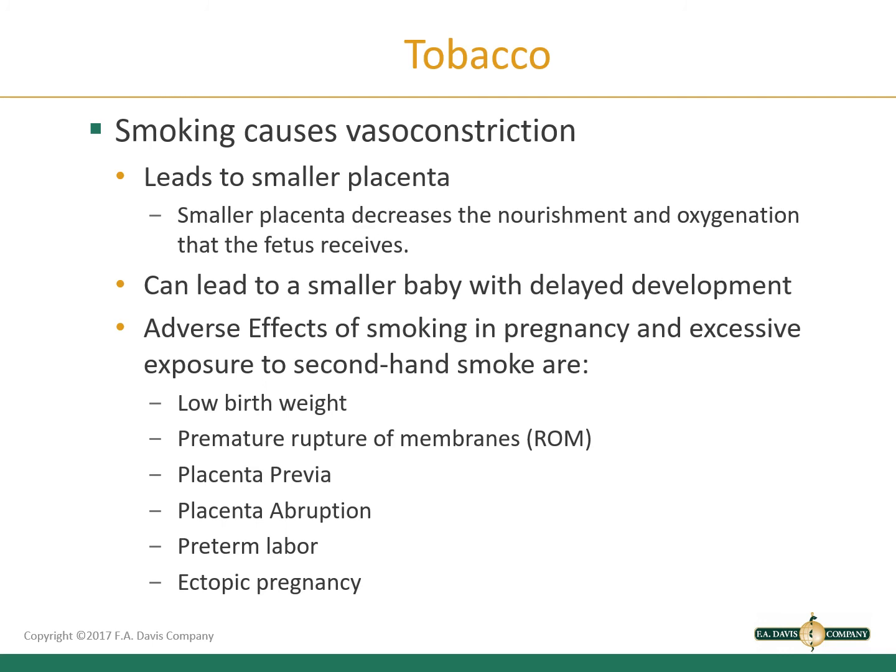So mothers who smoke are more likely to deliver their babies early. Preterm delivery is the leading cause of death, disability, and disease among newborns. Placenta previa, which we will discuss later in this unit, placenta abruption, preterm labor, and ectopic pregnancy.